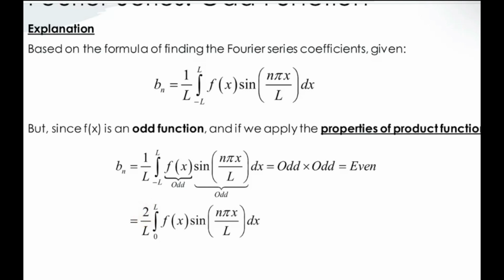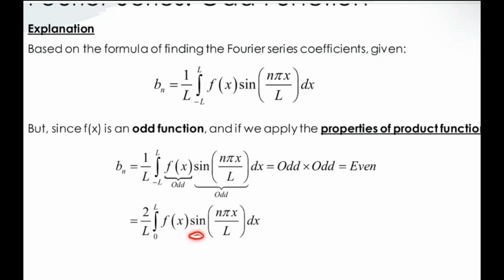So for an odd function, this is the only coefficient you need to find. You only need to calculate b_n, where b_n is 2 over L. And remember, same as the even function, rather than using negative L, you start from 0, from 0 to L, f(x) sine(n pi x over L).